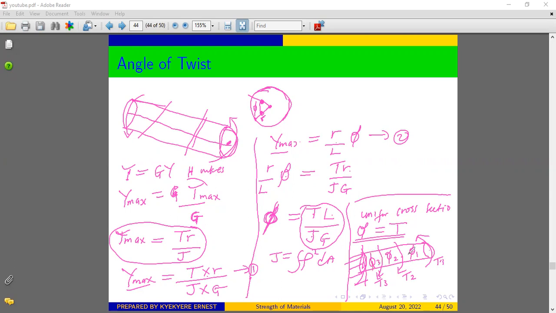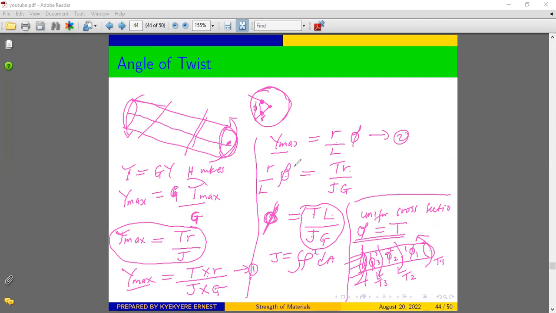So when I'm given a diagram like this, though the cross section is uniform, because torques have been applied at different portions, I need to divide my structure into sections. So this will be section 1, section 2, section 3, and then I calculate the respective angle of twist for each of the sections.